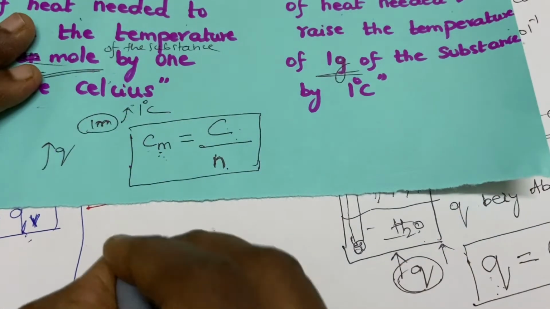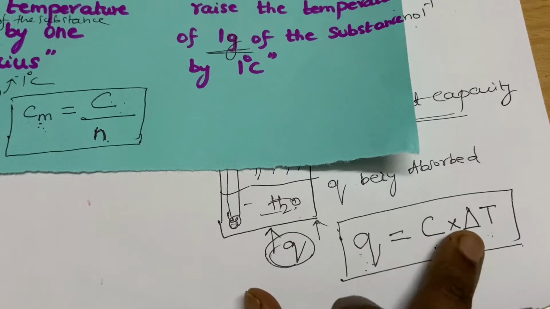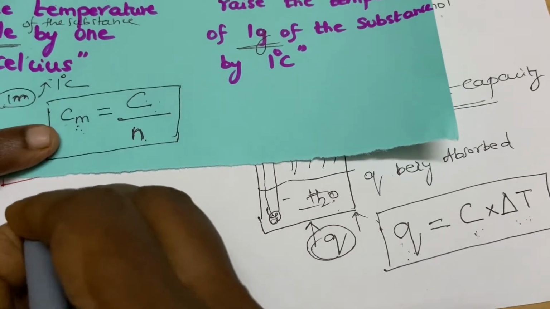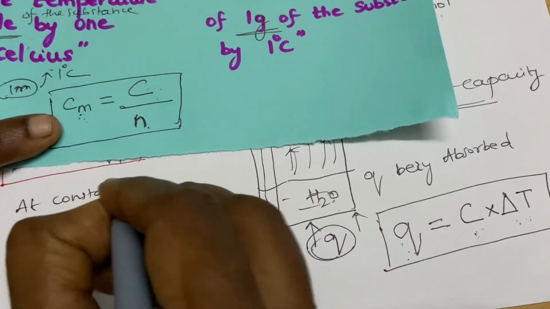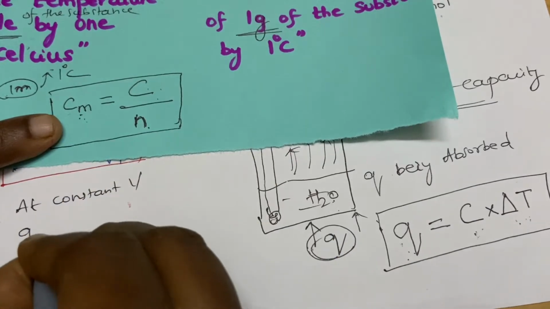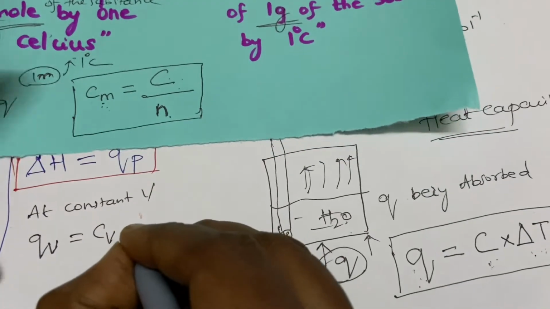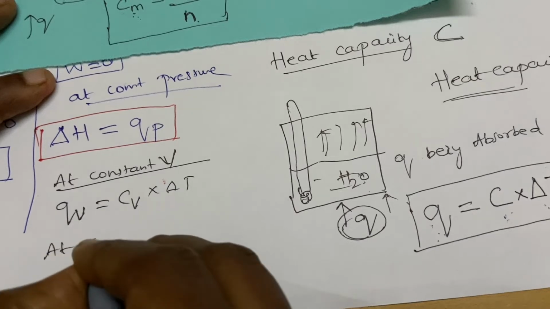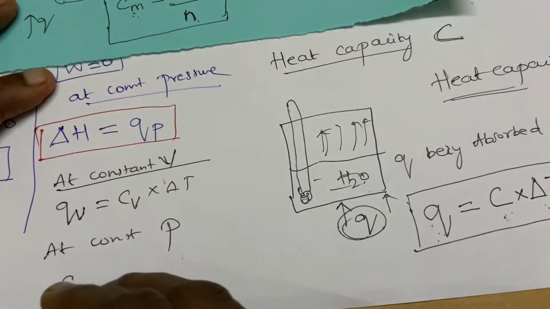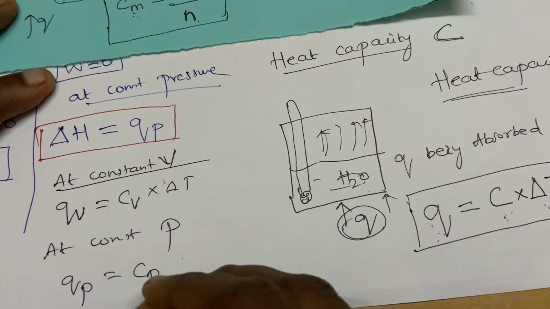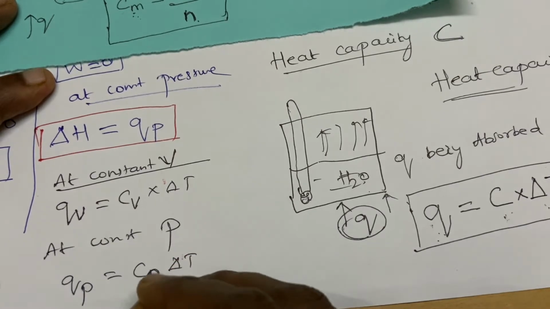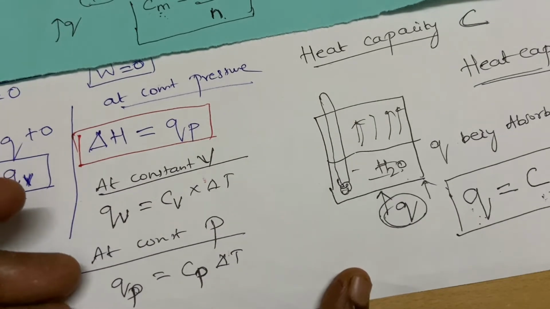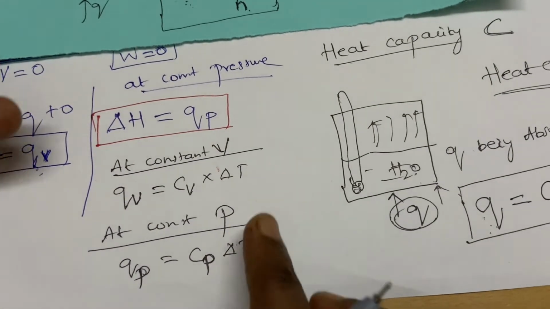So here we know that Q is equal to C multiplied by change in temperature. At constant volume, you can write QV is equal to CV multiplied by del T. Similarly, at constant pressure, QP is equal to CP into del T. The suffix V and P represent that the reaction is taking place at constant volume and constant pressure.